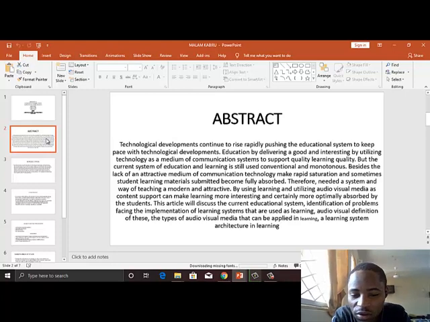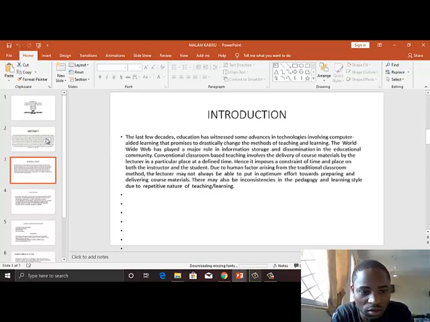This article will discuss the current educational system, identification of problems facing the implementation of learning systems that are used as learning audio visual. It is an introduction.